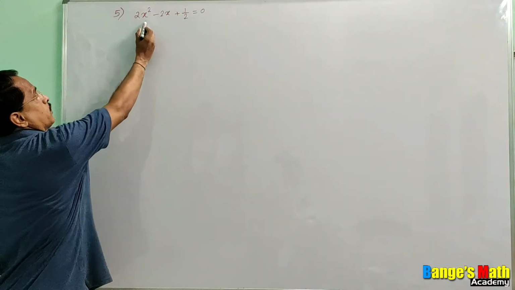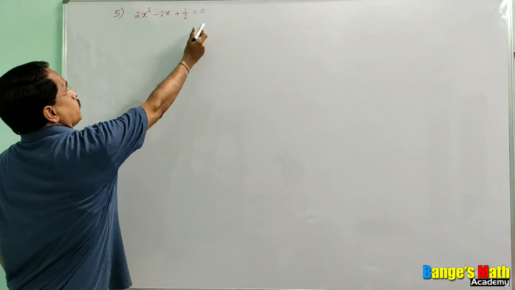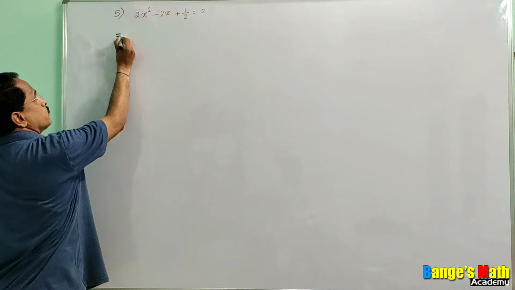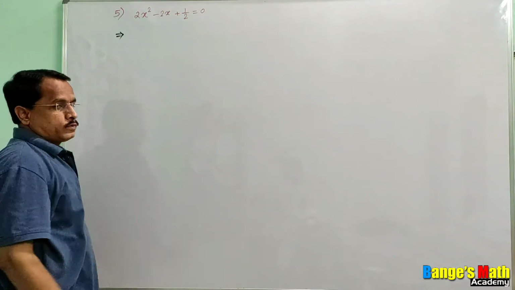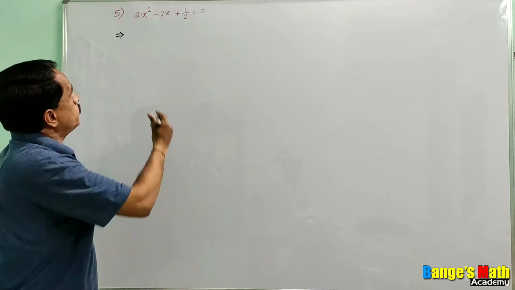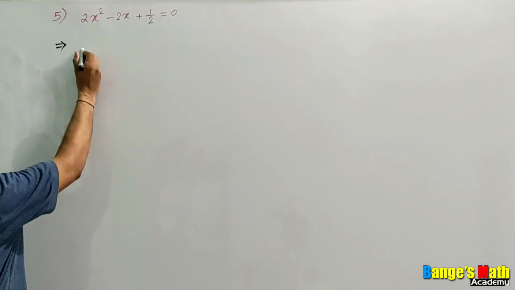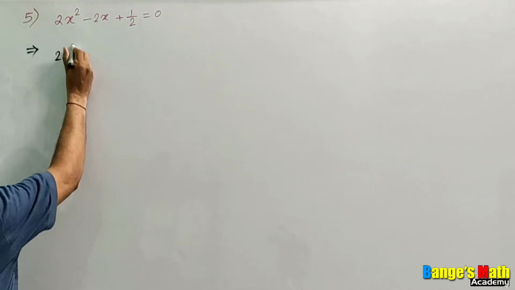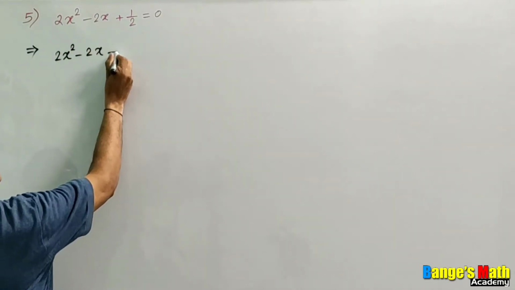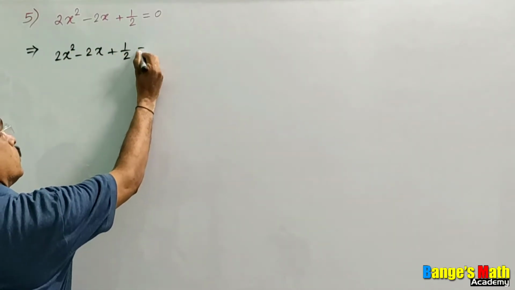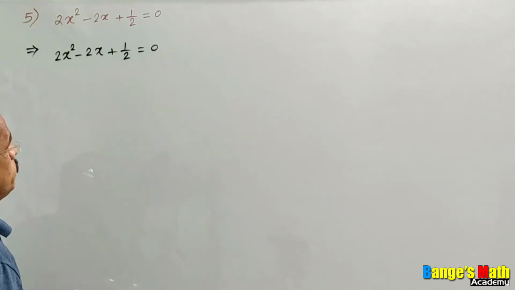Fifth example, 2x square minus 2x plus 1 upon 2 is equal to 0. We have to find the factors of the given quadratic equation by the factorization method. So write down the given example as it is. 2x square minus 2x plus 1 upon 2 is equal to 0. Simplify.